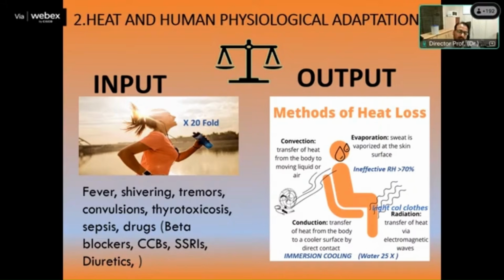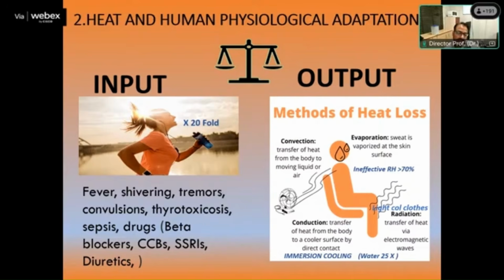And the methods of heat loss are, as we have all read in our physics classes in our childhood, convection, conduction, evaporation, and radiation. Now, the most important mechanisms in our normal day-to-day life are convection and evaporation. But at a higher relative humidity, more than 70%, this evaporation, which is the sweating mechanism of heat loss, somehow gets blunted.